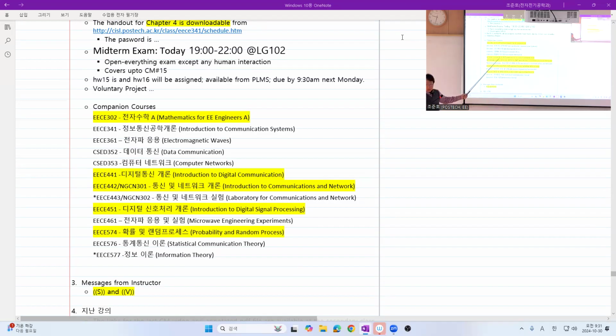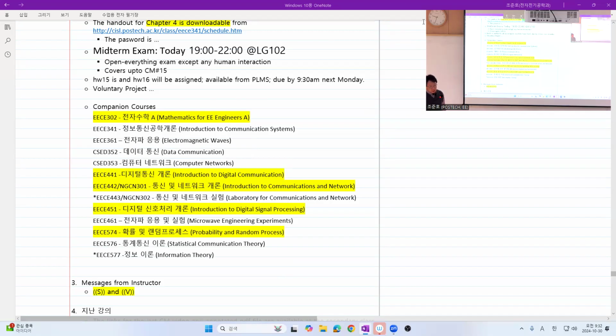One is the Introduction to Digital Communication, Introduction to Digital Signal Processing, and also Introduction to Communications and Network. And if you are interested, then you may also take the graduate level probability and random processes. So you have the undergraduate probability and random processes course and the graduate course offered at the same time. Some of you have already taken 302, so you may take 574. It will be offered as a full online course, so you can easily manage your schedule.